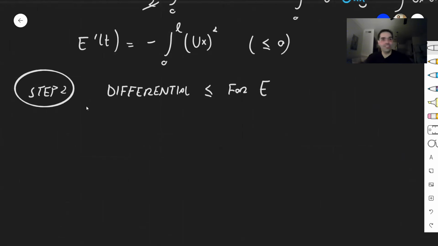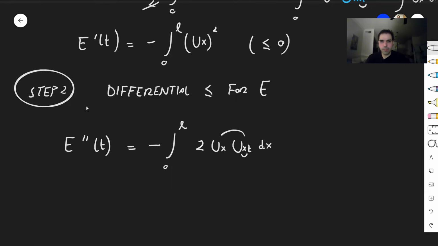Kind of think Gronwall's inequality. So then, if you do E''(t), that becomes minus, again, minus integral from 0 to L, chain rule, so 2 u_x u_xt dx. And then what you would like to do is, again, integrate this by parts. So this becomes plus, so minus minus, so plus integral from 0 to L, u_xx and then u_t dx.